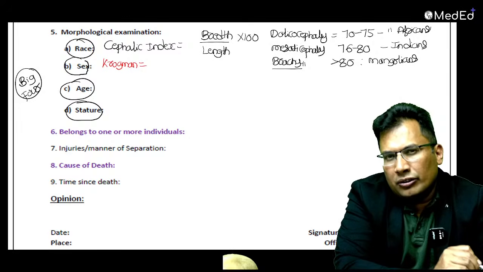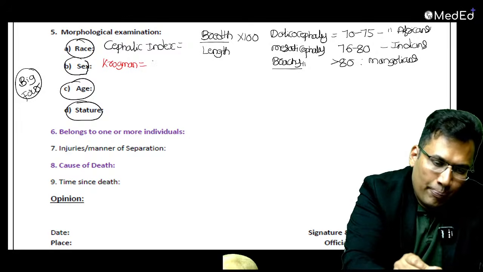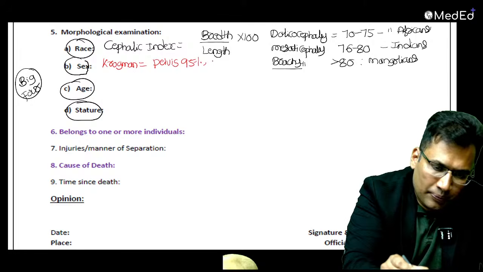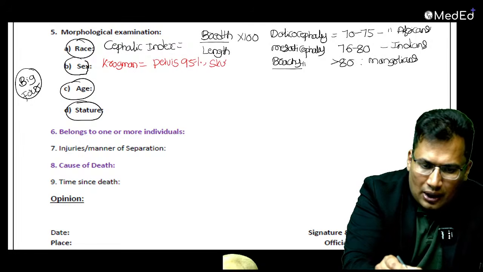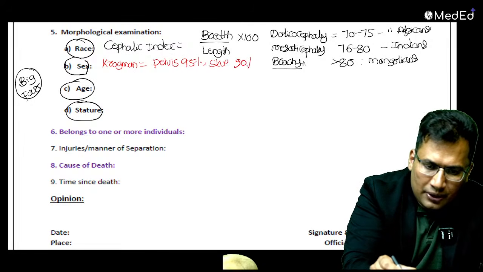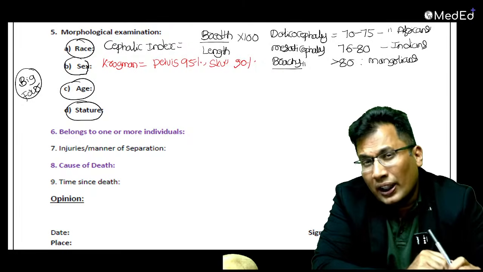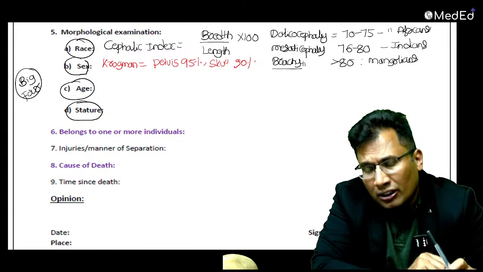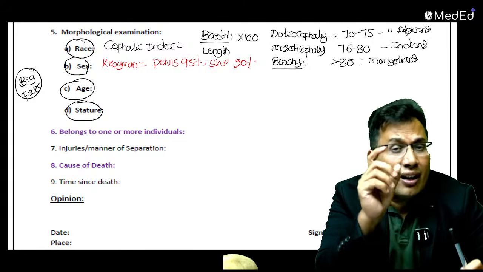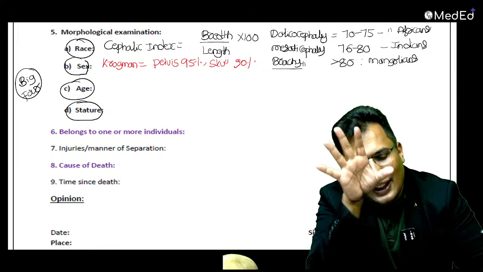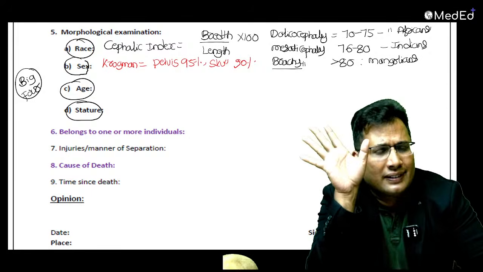With the help of bones, like pelvis is the best bone, around 95% accuracy. Skull around 90% accuracy. The skull and pelvis around 97%. Long bones 80%. If the entire skeleton is given, the accuracy is 100%. So this can be a viva question. The best bone is pelvis.